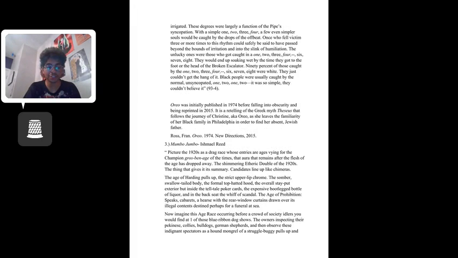And then if we move on to the third excerpt, which begins, "Picture the 1920s as a drag race whose entries are vying for the champion gros benage of the times." This whole section of Mumbo Jumbo, there isn't much that happens in it in terms of the rest of the plot of the novel, but this section, which is incredibly abstracted, which uses a lot of personification and metaphor and simile, uses those things to set a tone.